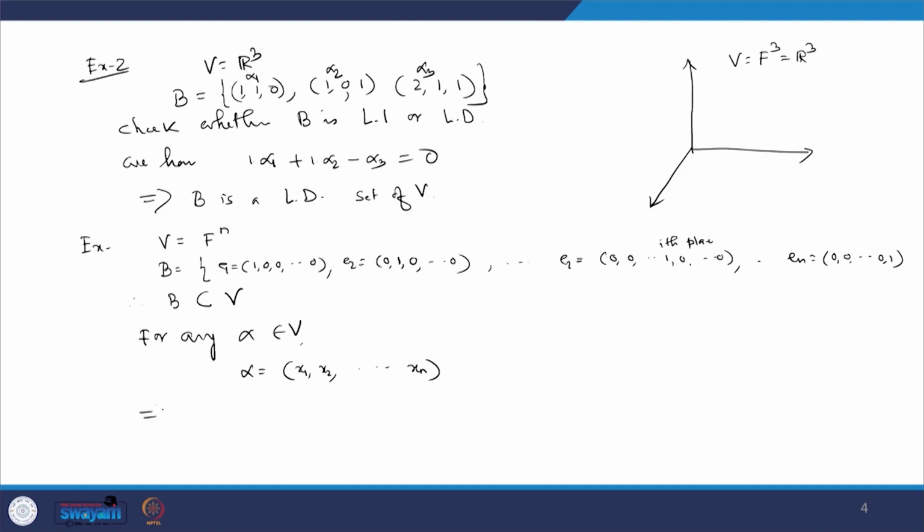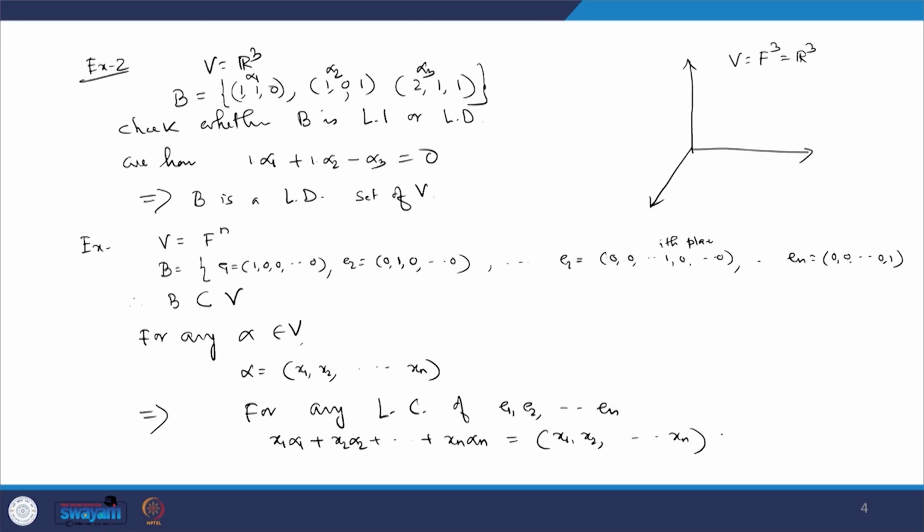So, one can write down any linear combination of E1, E2, ..., En as x1 alpha 1 plus x2 alpha 2 plus ... plus xn alpha n, and this is nothing but (x1, x2, ..., xn).